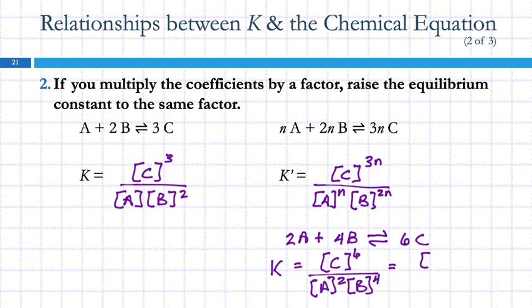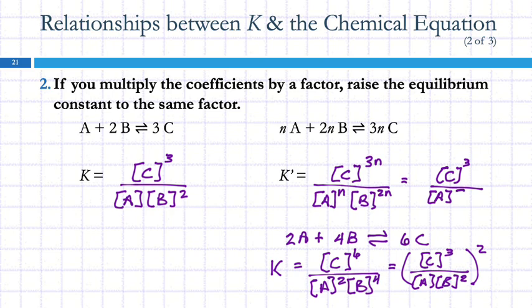That is the same as C cubed over A times B squared, the whole thing squared. We could write this one similarly. We take the whole thing and raise it to the power that we multiplied the equation by. Any questions?